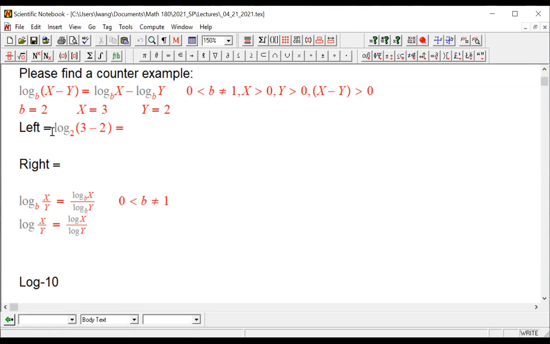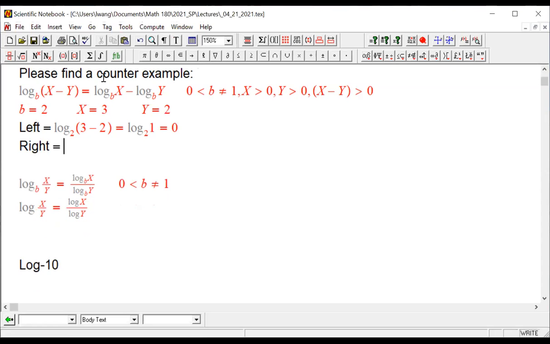And that equals log base 2 of 1, right? And that equals 0. And the right-hand side, okay, base is 2, and that's a 3, and that's a 2.